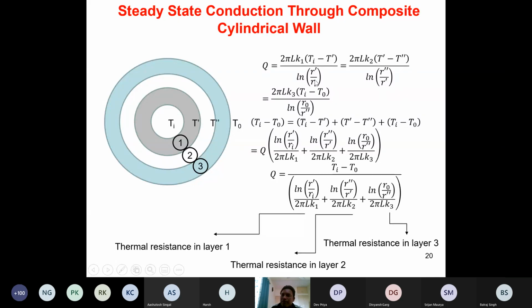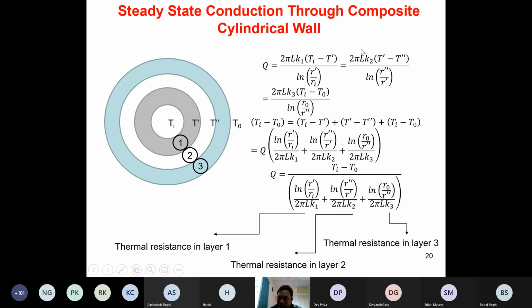So that will be equal to the heat transfer at slab 2, and that will be equal to the heat transfer at slab 3. Remember, here we are looking at the steady state. So that means Q1 should be equal to Q2 should be equal to Q3.